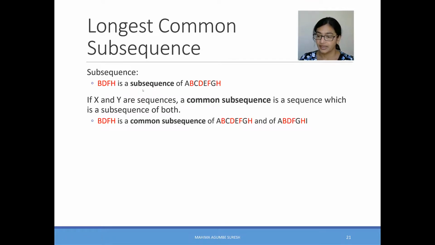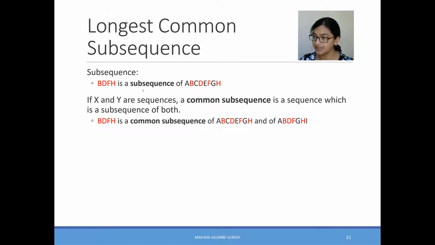If X and Y are sequences, a common subsequence is a sequence that is common between the two. So that's the definition of a common subsequence. So we now understand what a common subsequence is.